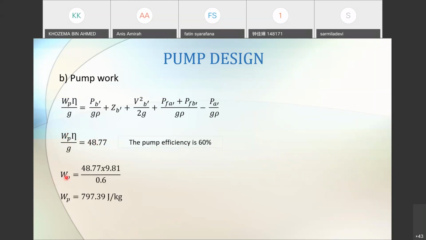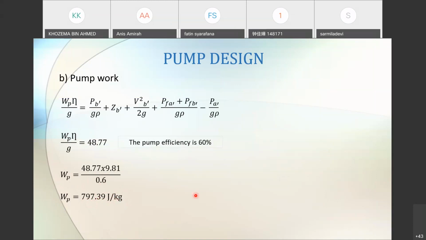So by rearranging the equation, WP is equal to 48.77 times your gravity, which is 9.81, divided by the value of efficiency, which is 0.6. So you will get WP is equal to 797.39 joule per kg. So this is the unit of your pump work, joule per kg.